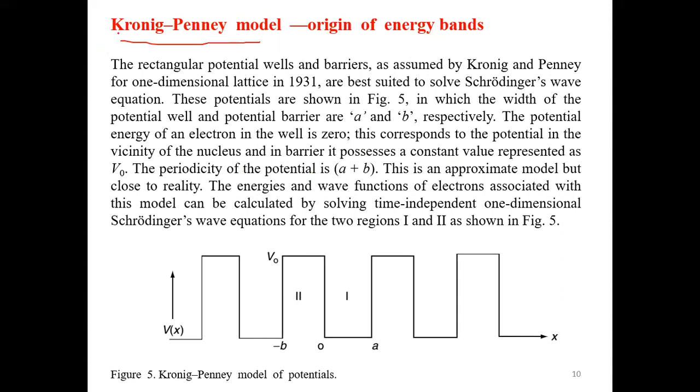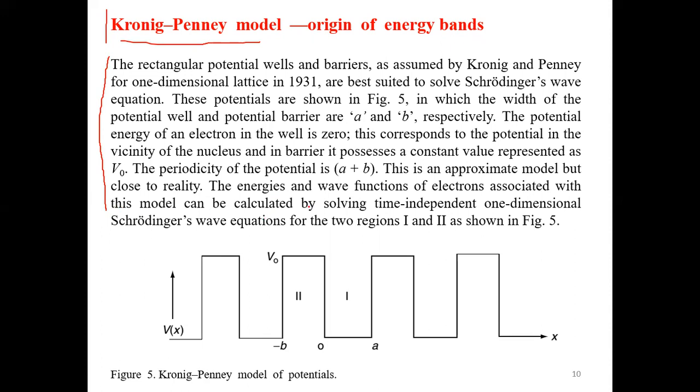So we will study the Kronig Penney model to describe the origin of the energy bands. This is the mathematical treatment, the quantum mechanical treatment. I think you will find it a little bit difficult because you haven't studied the wave theory of electrons or quantum mechanics.